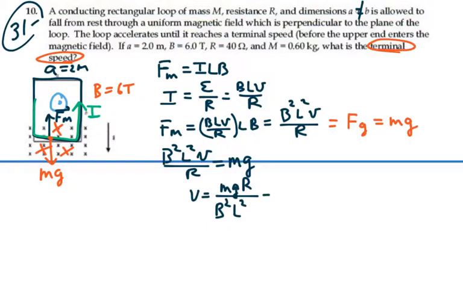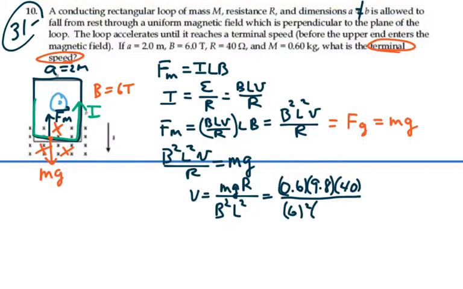That's going to be equal to the mass, which is 0.6 kilograms, times g, 9.8, times R, which is given as 40 ohms, over the magnetic field, which is 6 Tesla, squared.